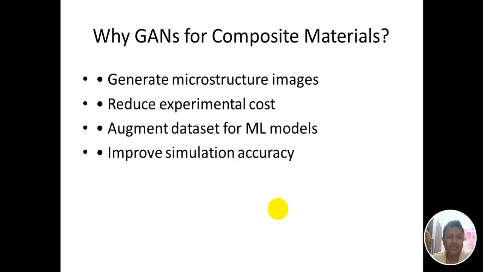So why GANs for composite materials? You know there are a lot of machine learning and generative models, so why are GANs used here? They generate microstructure images and reduce experimental cost. Real-time analysis needs huge time and cost, but within seconds we can easily get the result.